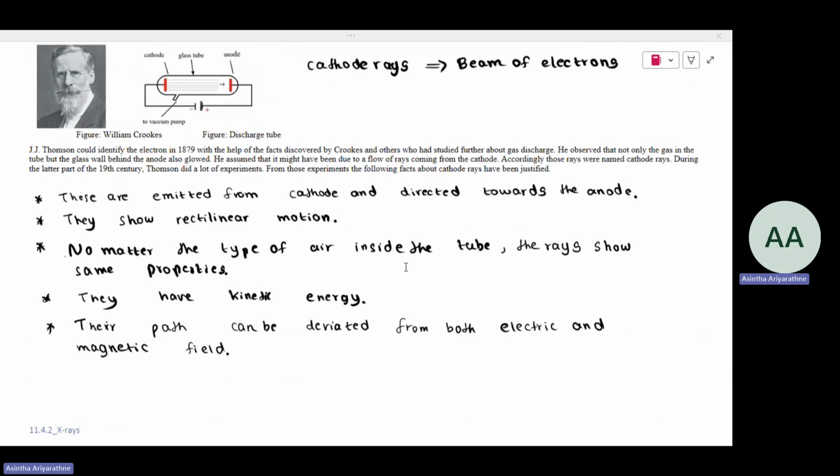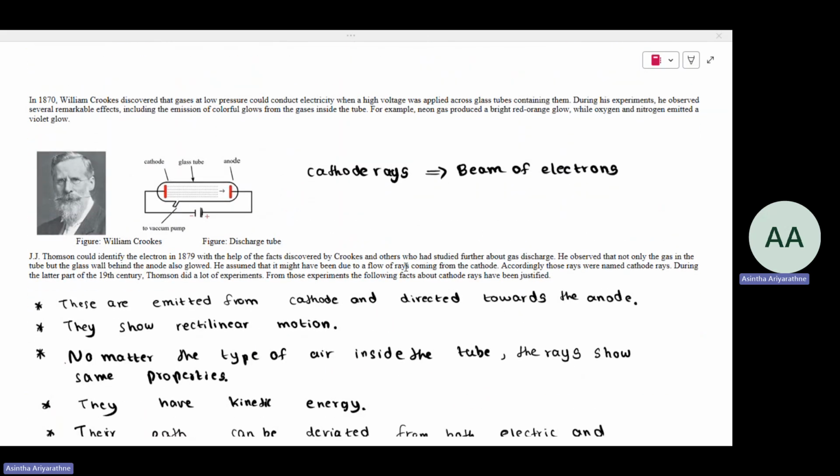So these properties are found in the cathode rays. They are a beam of electrons.